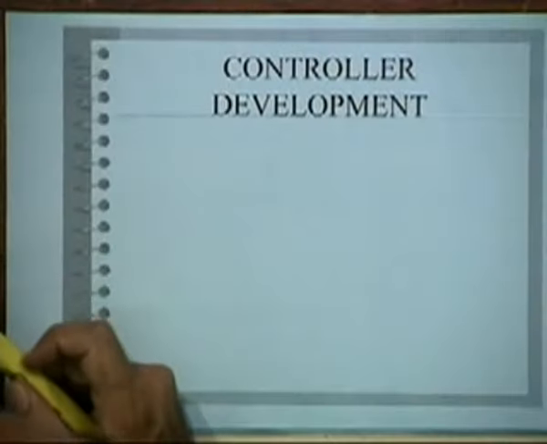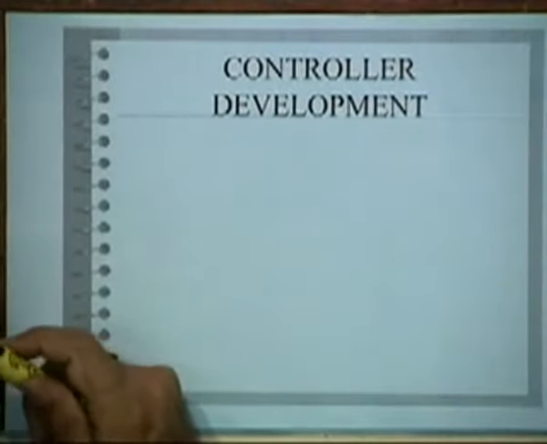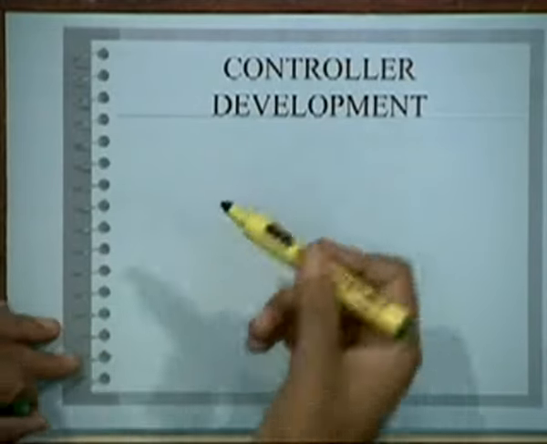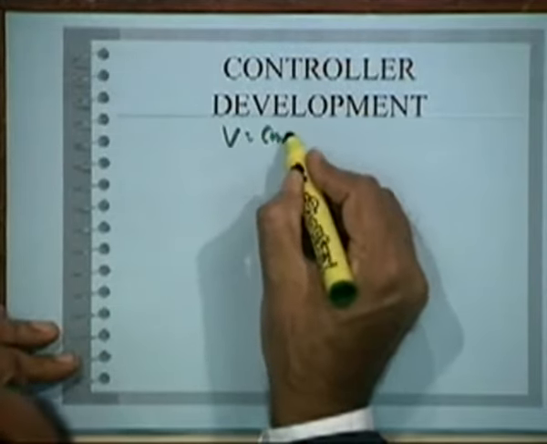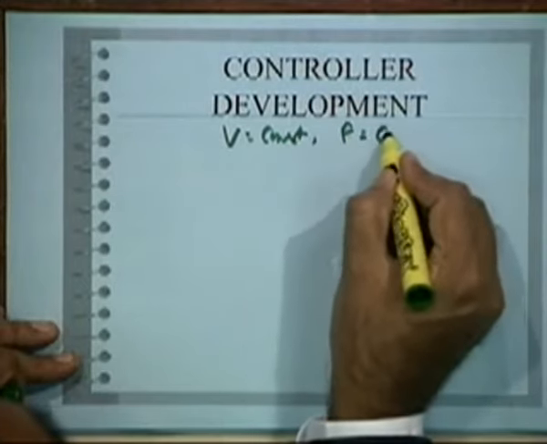But the one thing is, you can connect a prime mover, but you need to develop a controller. Why do you need a controller? The controller is to maintain the voltage constant and the frequency constant, isn't it, V constant and F constant?